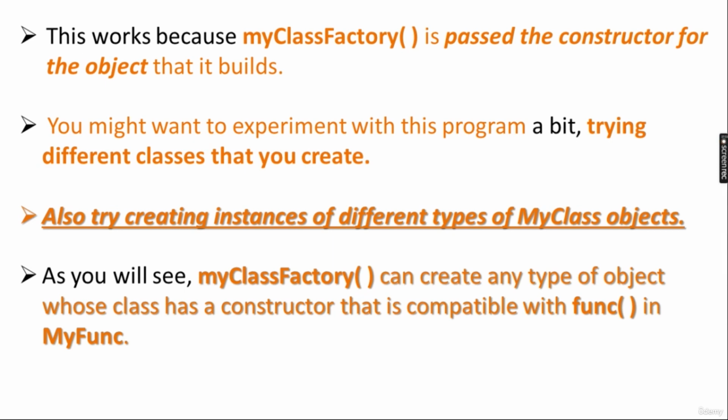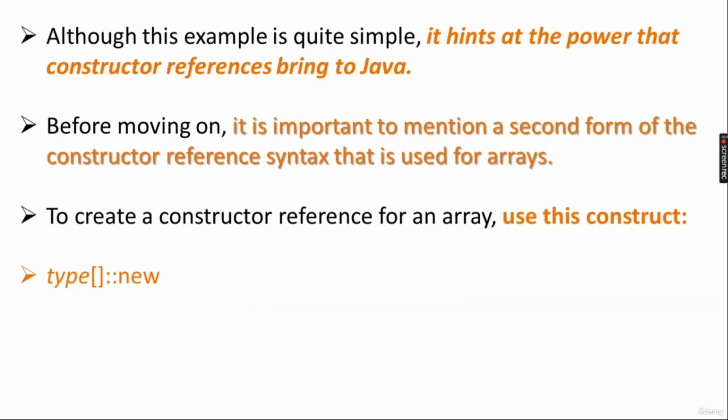Now, as you have seen, my class factory can create any type of object whose class has a constructor that is compatible with the functional interface my function. Although this example is quite simple, it hints at the power that constructor references bring to Java. So this is the actual example that gives you the power of constructor references.